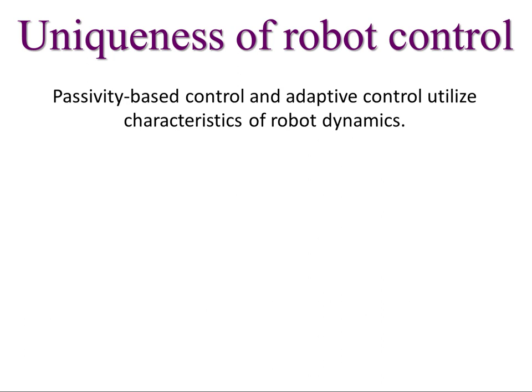Conventional nonlinear control theory has not provided such a control method. The reason for this seems to be that nonlinear control theory has dealt with general systems. In contrast, these robot control methods solve problems by exploiting the unique structure of robot dynamics.